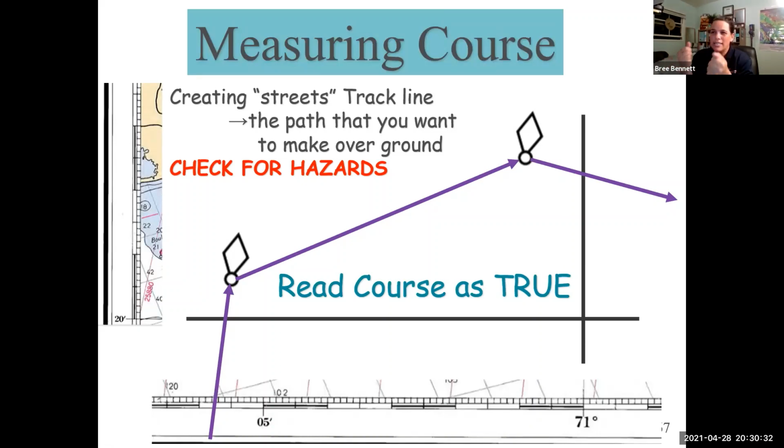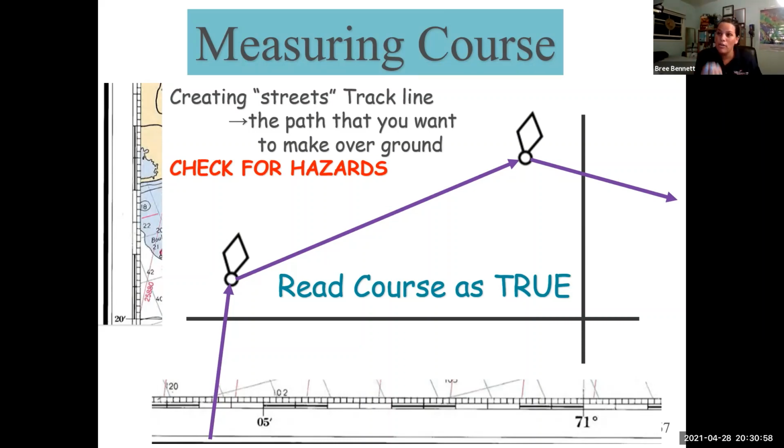If you're trying to steer 090 and you're like, oh, 084, 092, and you keep going back and forth, you're going to have a lot of those squiggles. If you have something, a buoy or a light or a jetty or something in the distance, you say, okay, I'm aiming for that, and you steer for that, you're going to have a lot steadier course.